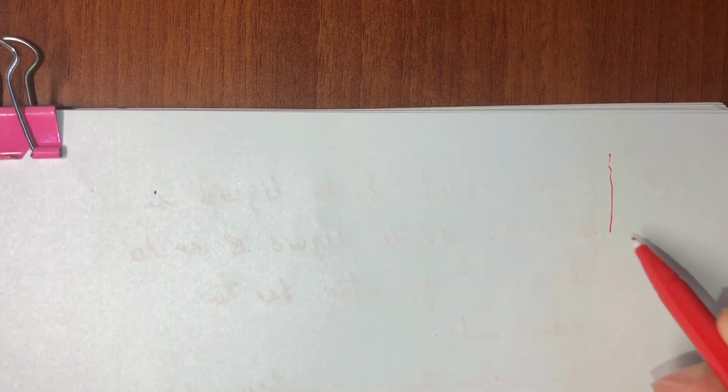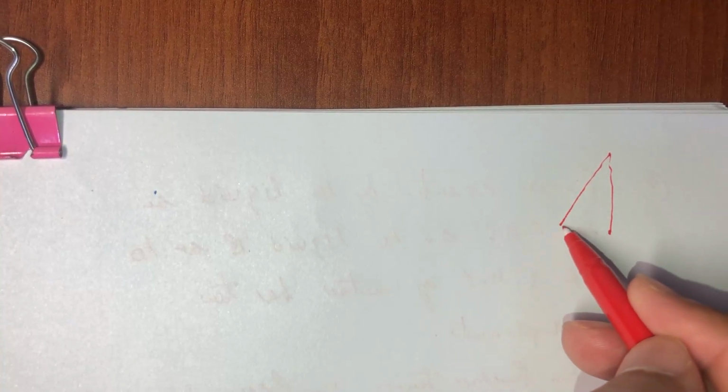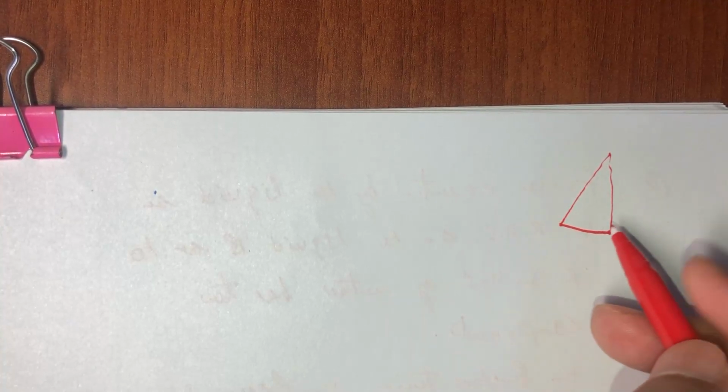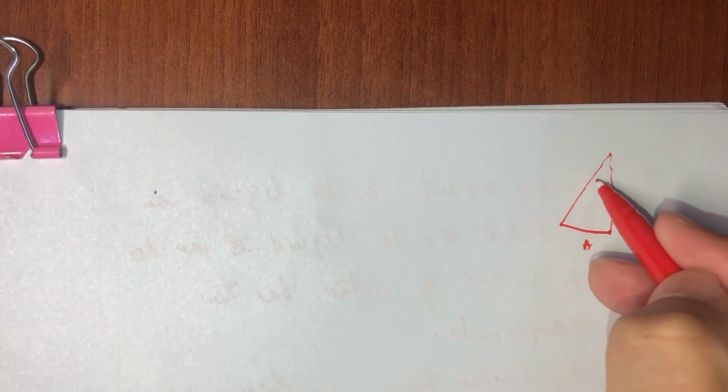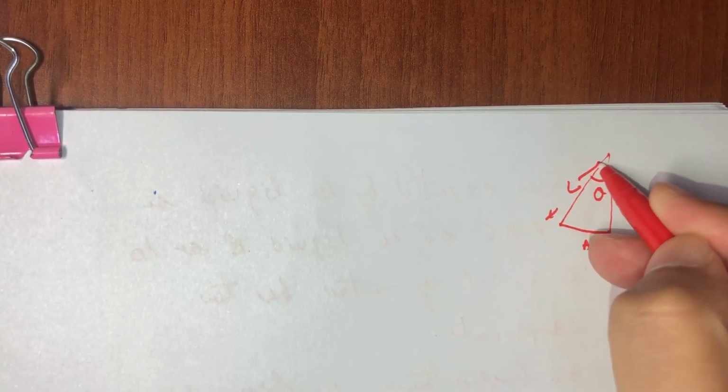we can use the small angle theory. In this case, this is the mean position and it moves through a distance of A. This is theta, and we have this as L in the first case.